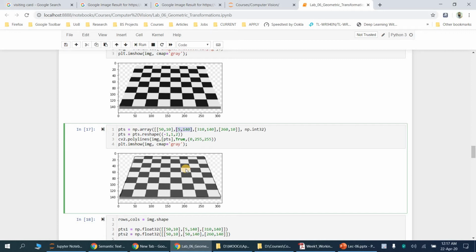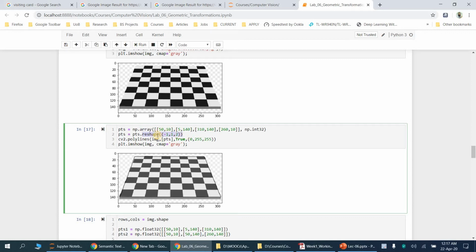So this will create a rectangle around the shape. So I want this chessboard to be correctly displayed in the new transformation style. So it should be transformed. So these are the 4 points I identify, and I just use this command over here to reshape this matrix in a proper shape.